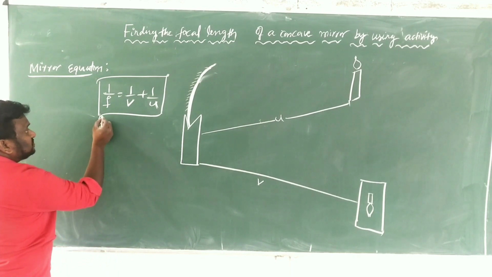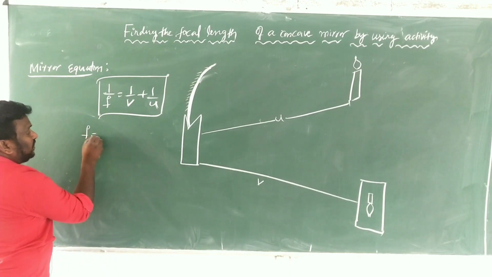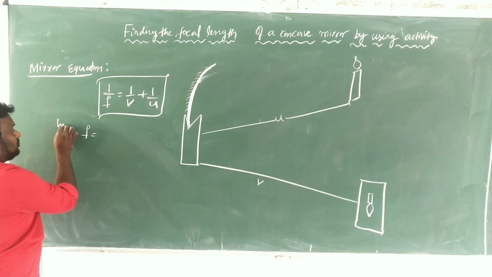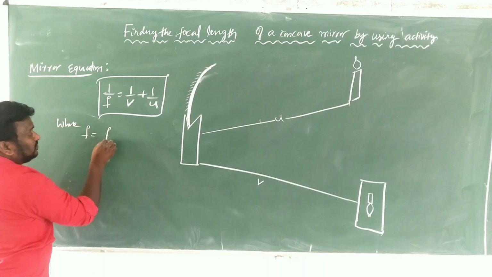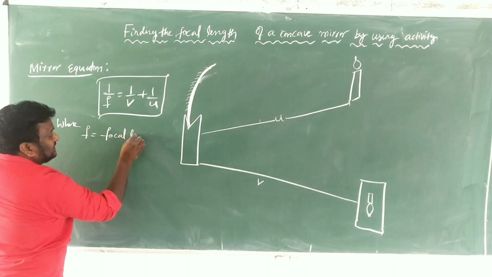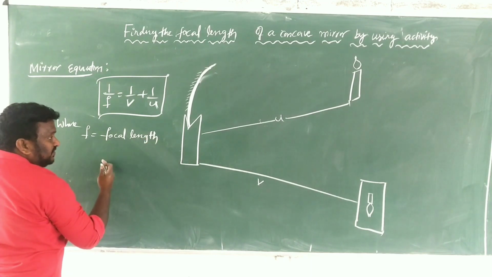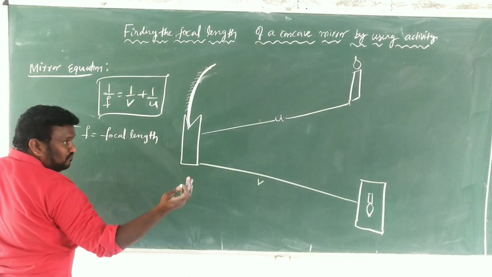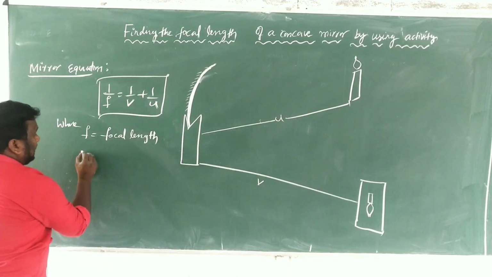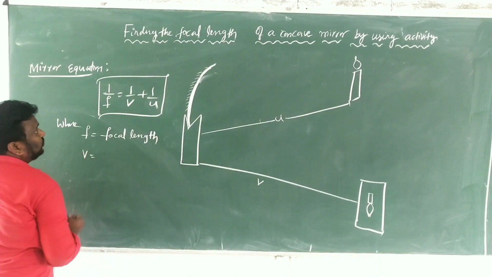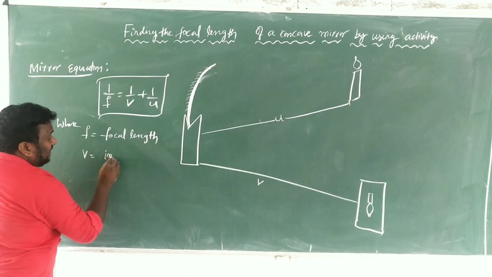And the terms in the mirror equation: already you know what f is. F is the focal length. What is the focal length? The distance between the pole and the focus is called the focal length. And here v is the image distance.